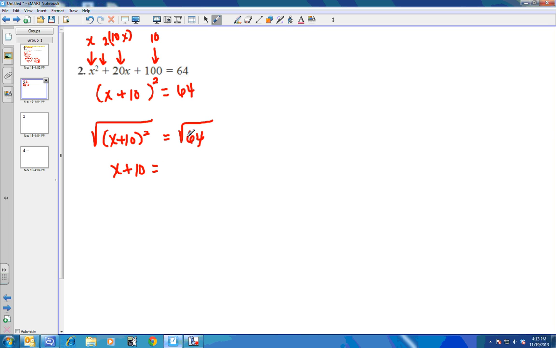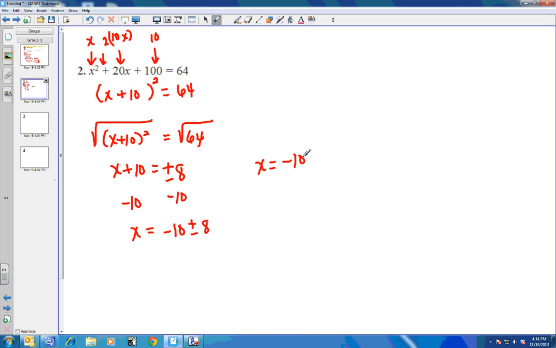The square root of 64 is plus and minus 8. I'm solving for x, so I'm going to subtract 10 from both sides. So x equals negative 10 plus and minus 8. So that means I have two answers.